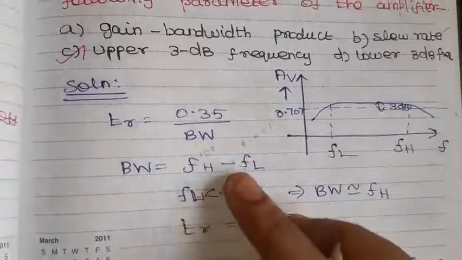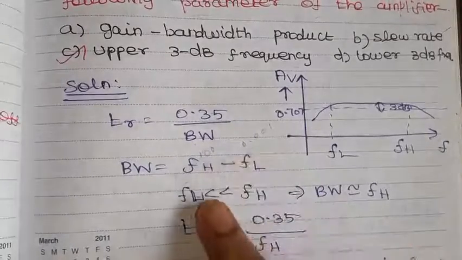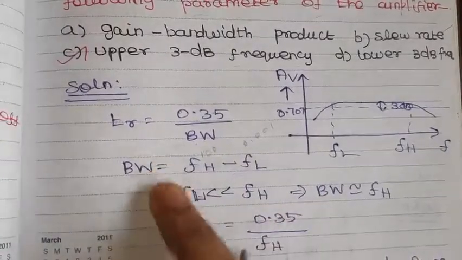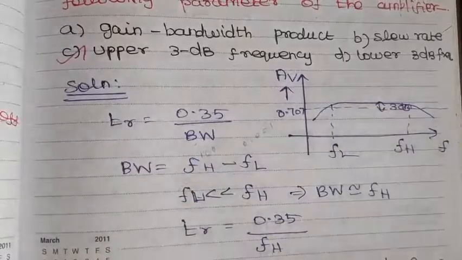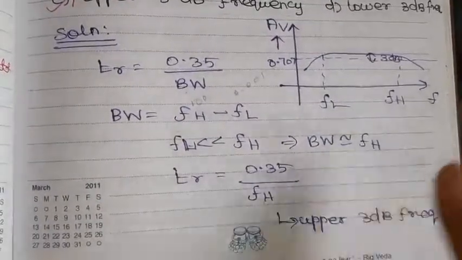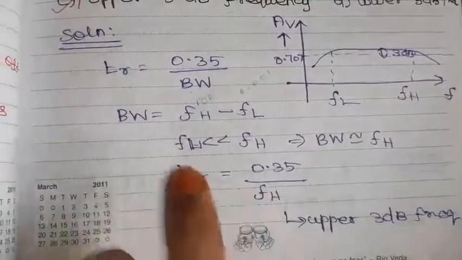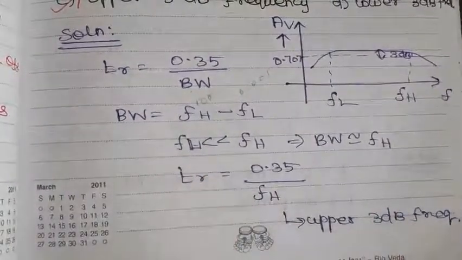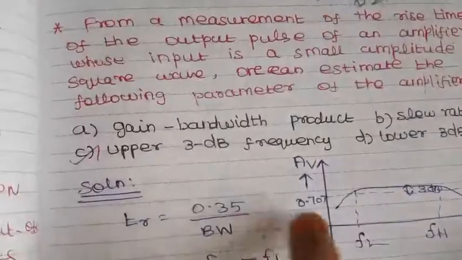So bandwidth is approximately equal to fH only, the higher or upper 3 dB frequency. So from the measurement of the rise time we can find out the upper 3 dB frequency. So the upper 3 dB frequency is the right option.